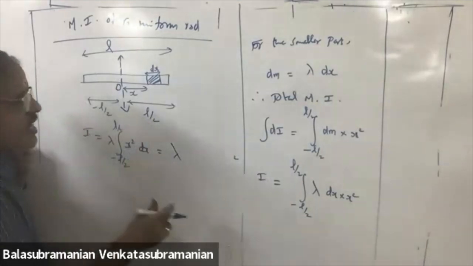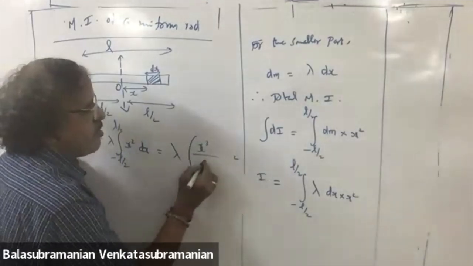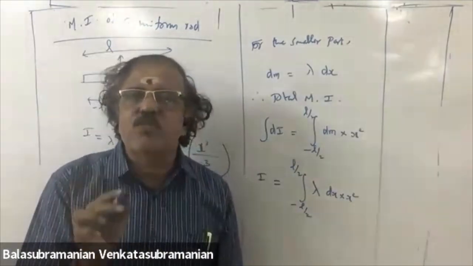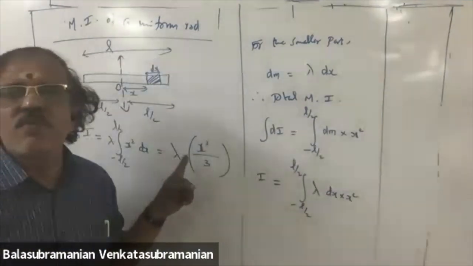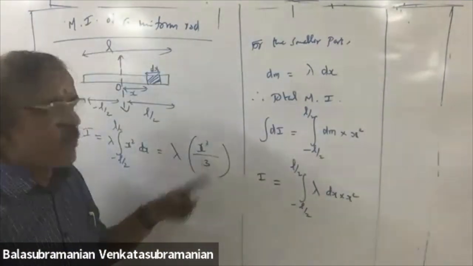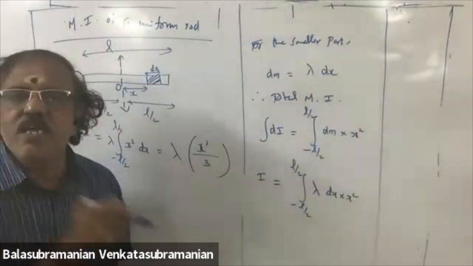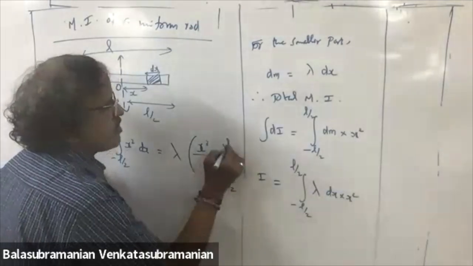Integration of x square dx is x power 3 by 3. Integral of x power n dx is x power n plus 1 by n plus 1. Here x power 2, so we get x power 2 plus 1 by 2 plus 1, x power 3 by 3, from minus L by 2 to plus L by 2.